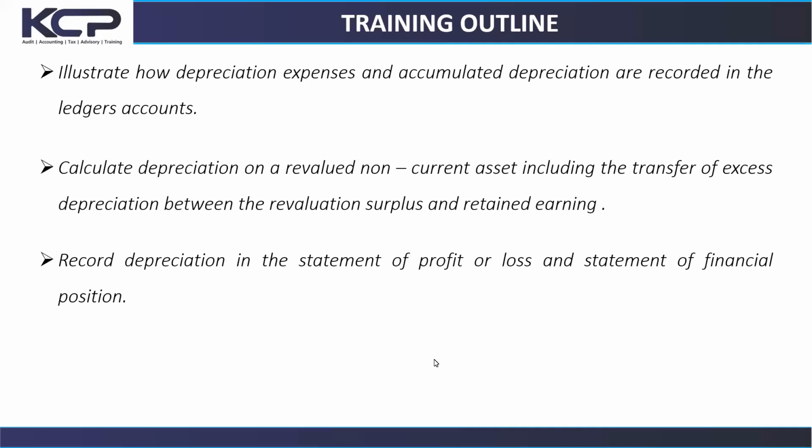The original cost of the asset is 1 million. So we will credit the revaluation surplus in the statement of equity through other comprehensive income, and we debit the assets with the 750,000. So altogether we have 1,750,000 for the asset, and the revaluation surplus will be 750,000.